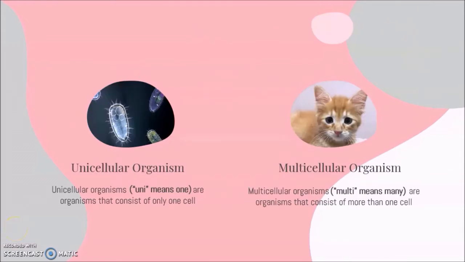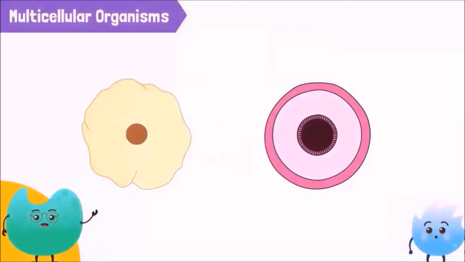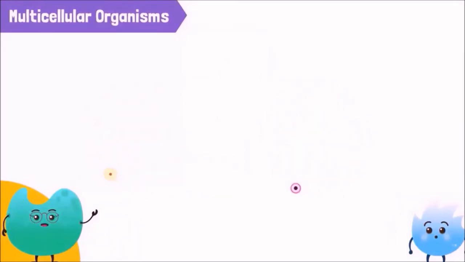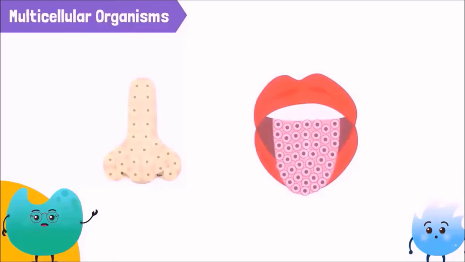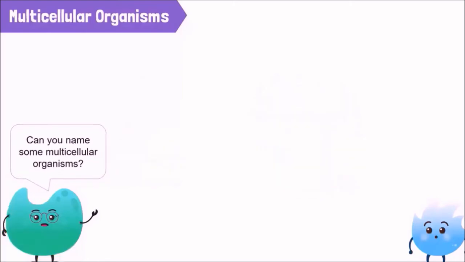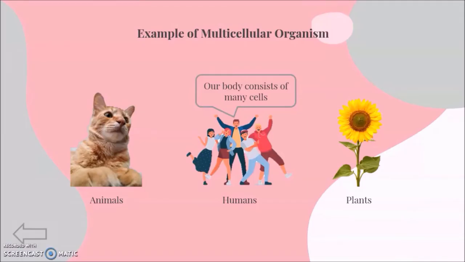So next, let's take a look at multicellular organisms. Different types of cells have different functions. Many cells of the same type come together to perform the same function in a body. Can you name some multicellular organisms around you? Yes.